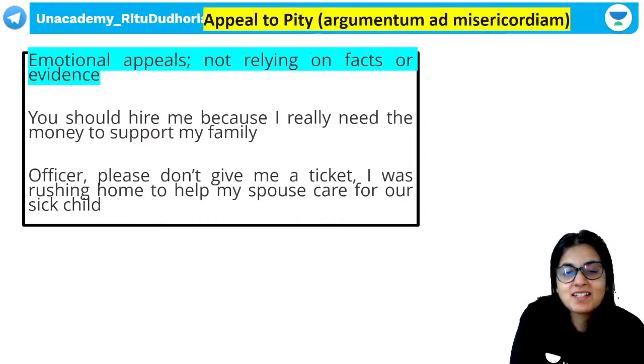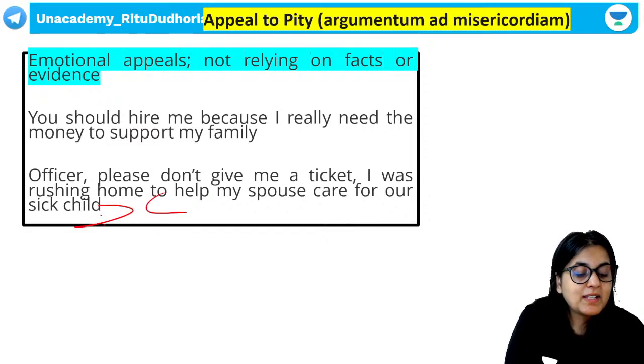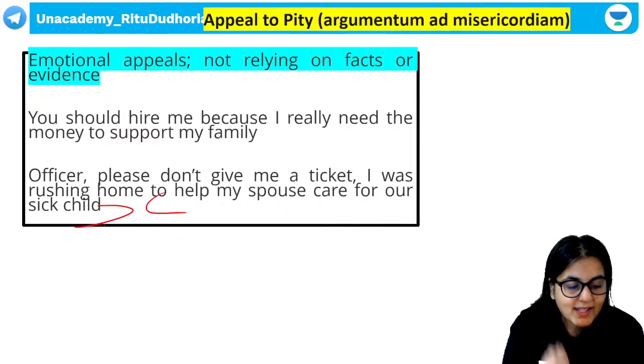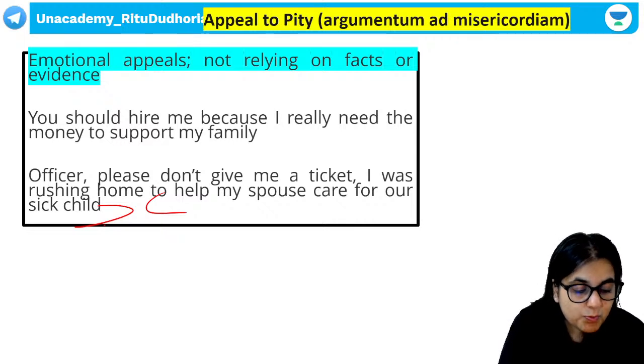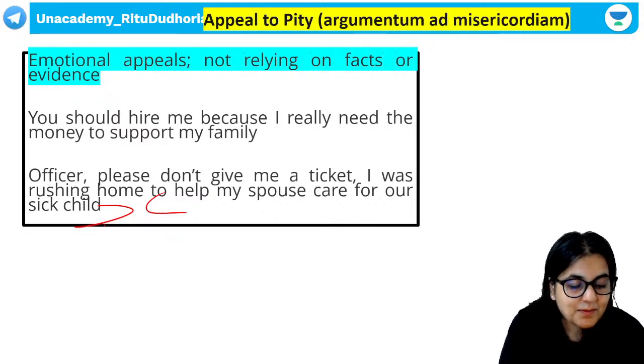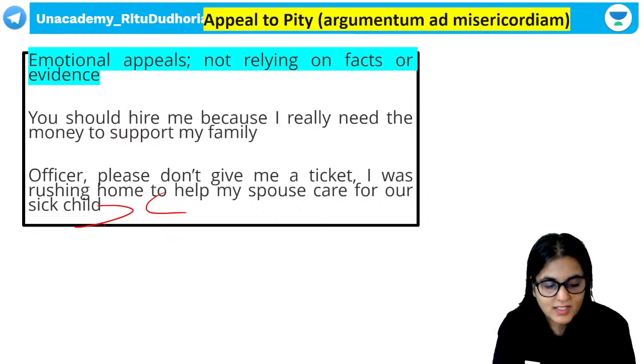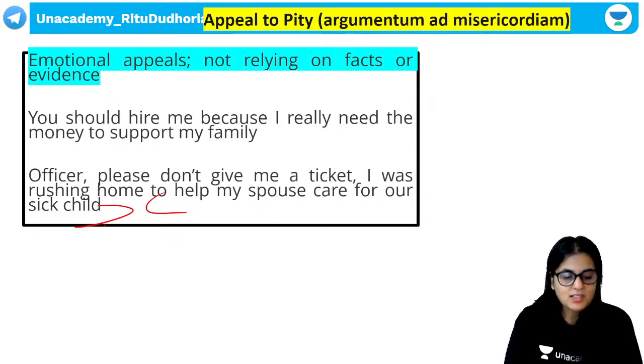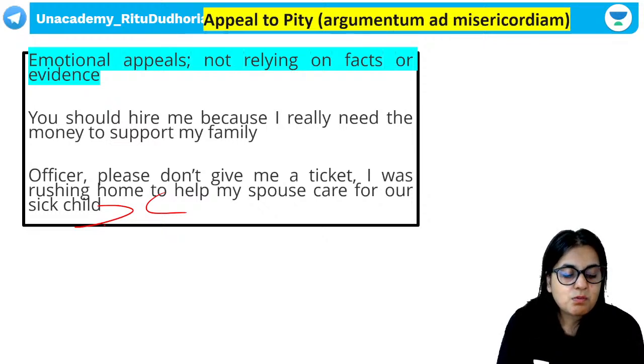Okay, officer, please don't give me a ticket. I was rushing home to help my spouse care for a sick child. Okay, so you're appealing to pity, you're trying to draw at the emotional strings. Okay, so you're making an emotional appeal. We've all done this. We do this all the time with our parents, especially when we want something.